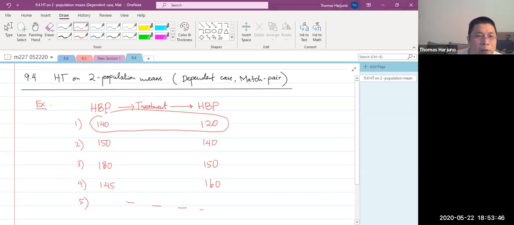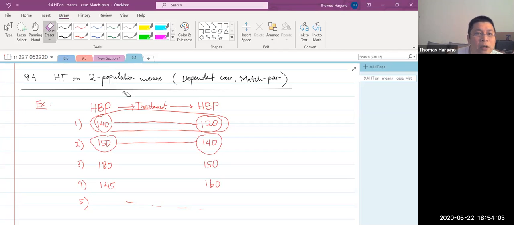So the first data in the first group corresponds to the first data in the second group. It's the same person's blood pressure. You see what I mean? That's why we say that they are not independent, they are dependent. You can match this, you can match this.